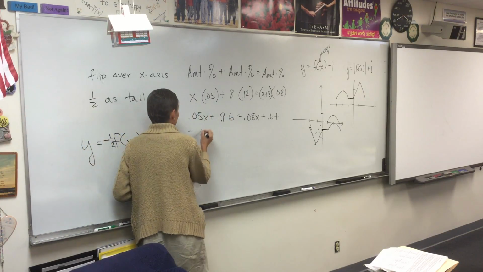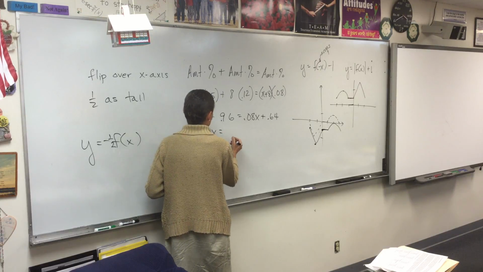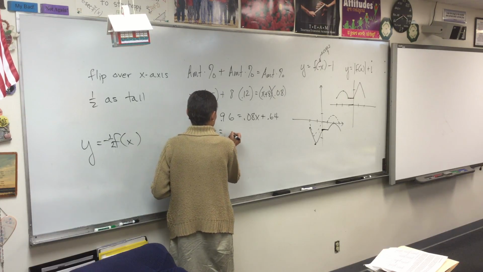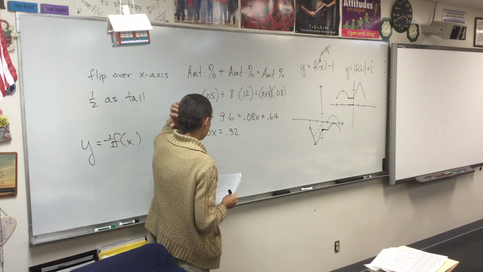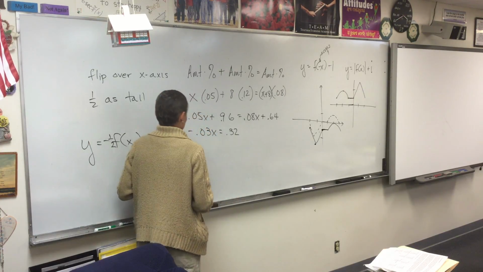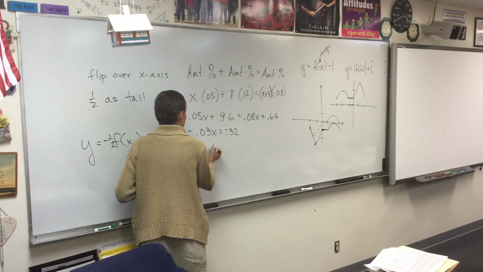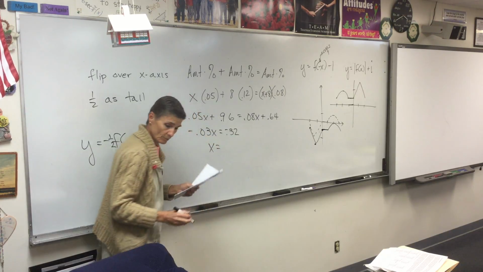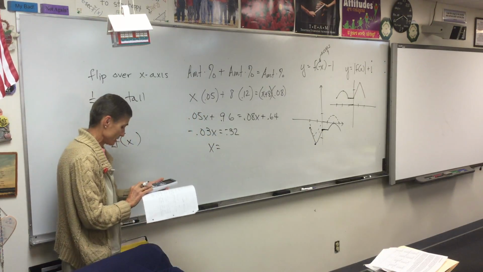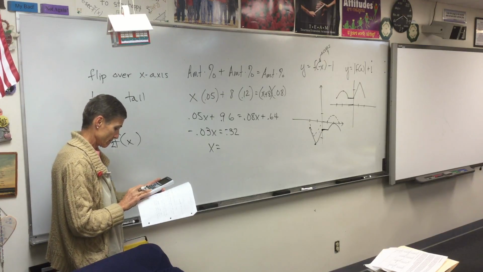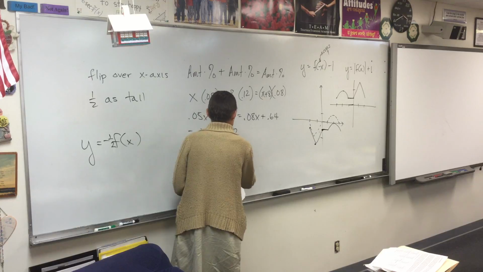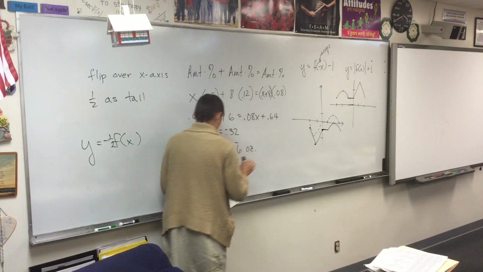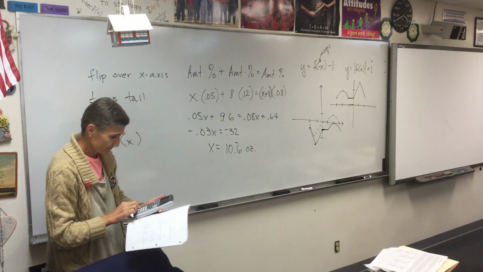Okay, so negative 0.03x equals 0.32. Double check, is that right? Negative. So whatever 0.32 divided by 0.03 is, I got 10.6 repeating ounces. Anybody match that? Yeah.